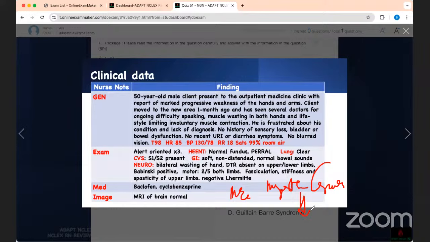The weakness gets worse as you go throughout the day, and he has blurred vision. So you're looking for blurred vision, and then they're strong in the morning and weak at night. That's what you're looking for. Weak at night.